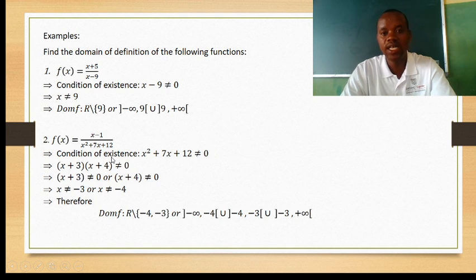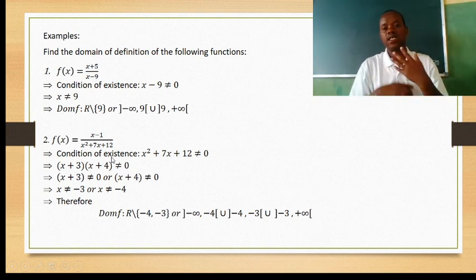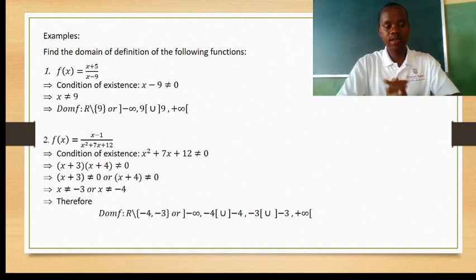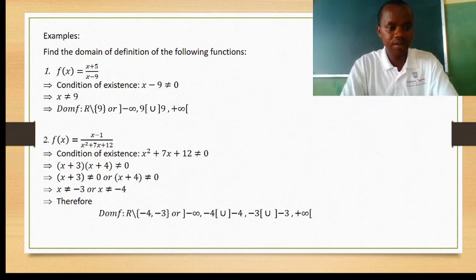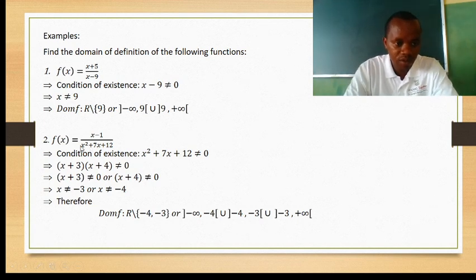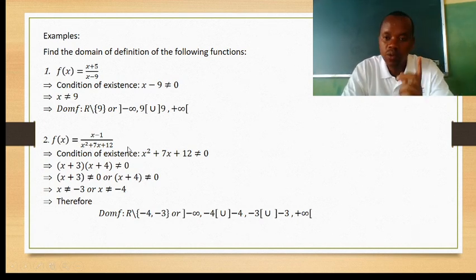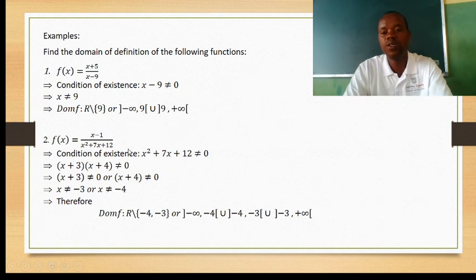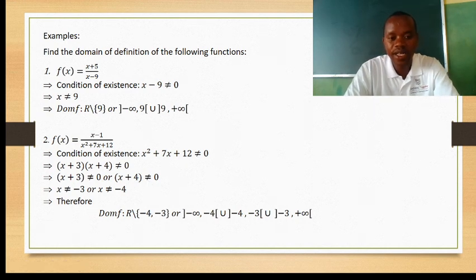The denominator part must be different from 0. Then we are going to find the values which make this denominator part equal to 0, and those are the ones to be removed from the set of all real numbers, and then we will get the domain of definition.